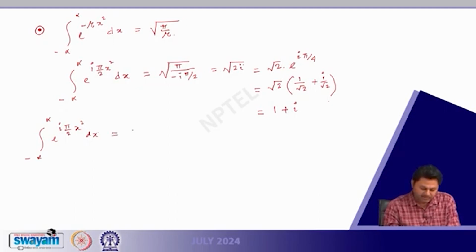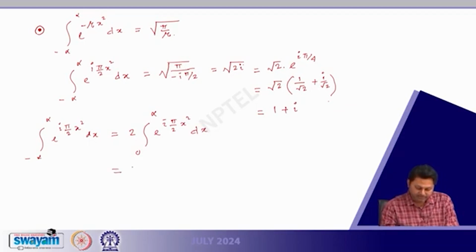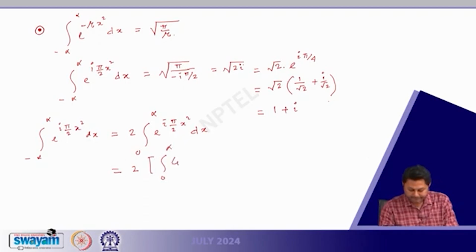That is 2 times the integral from 0 to infinity of cos of pi by 2 x square dx plus i times the integral from 0 to infinity of sin of pi by 2 x square dx.